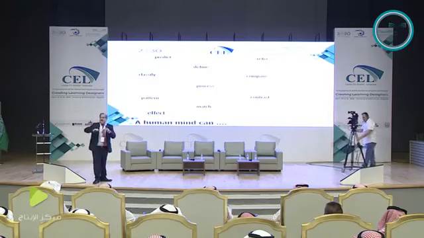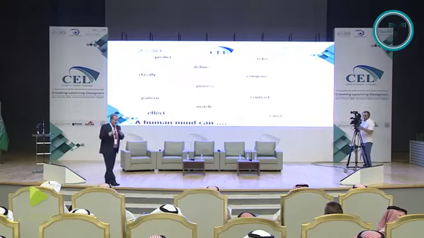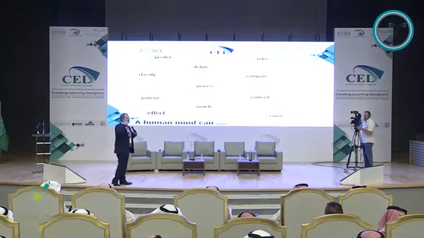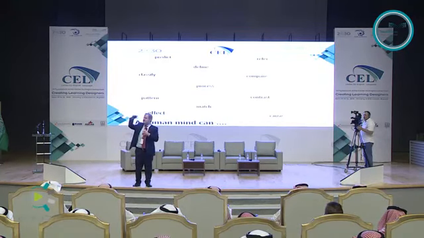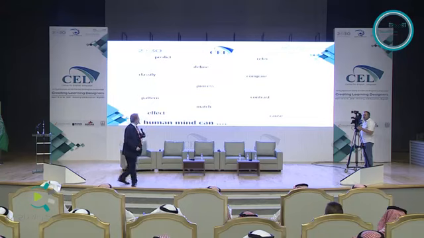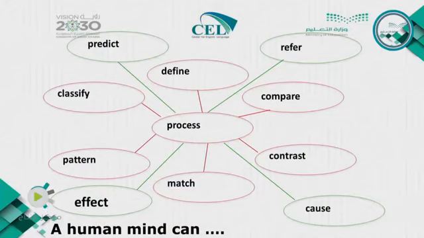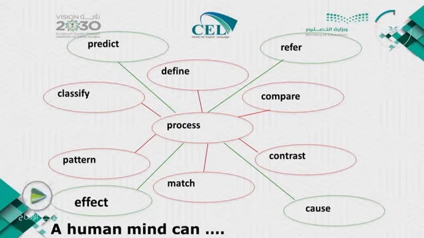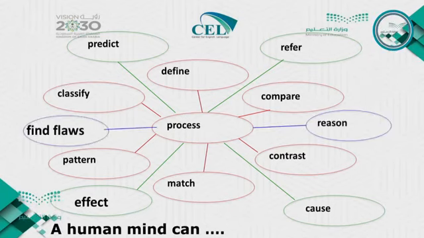Okay. As we start to grow or become more sophisticated, our processing ability starts to move up. For example, we can now find the effect of a cause, which is higher level thinking, or refer something to something which is higher level, and we can even move higher by prediction. And when you reach what is called critical thinking, everybody likes to use the word critical thinking.